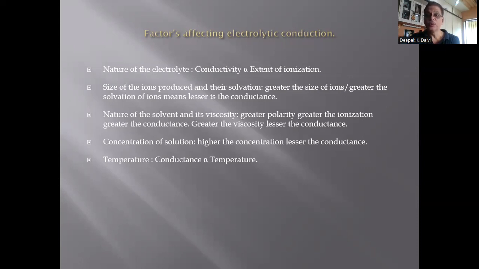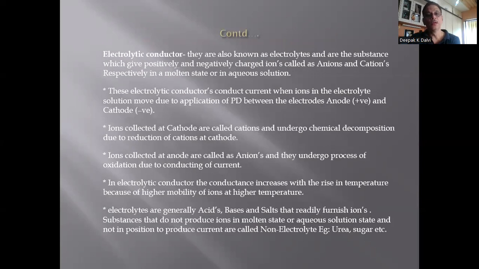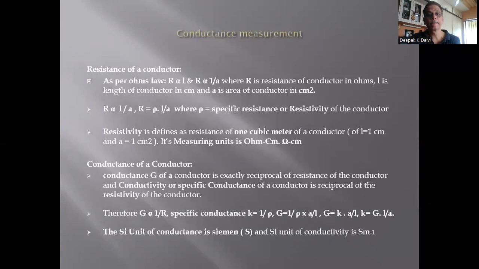now we'll move to the measurements involved in a conductor. So, what are the measurements involved in a conductor? As you must have studied in 10th and 11th, a conductor conducts electricity, so it has a resistance.